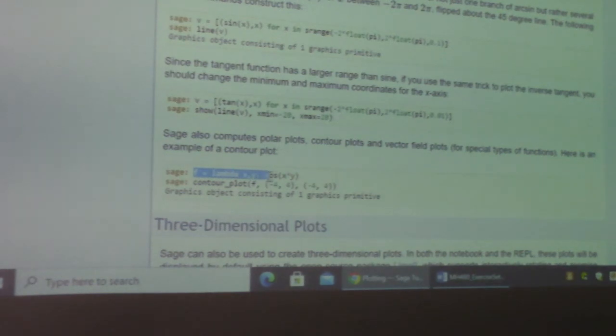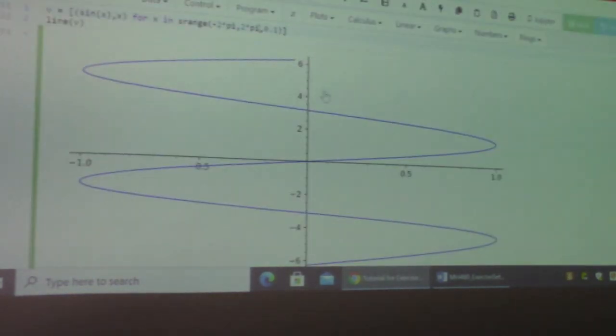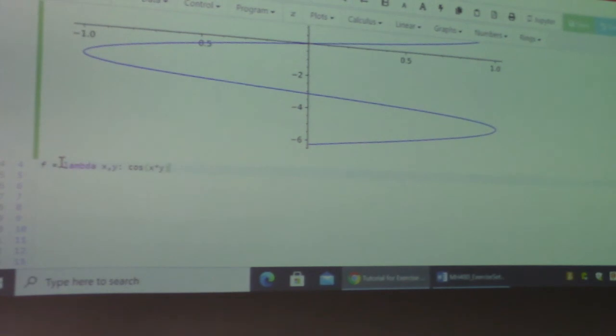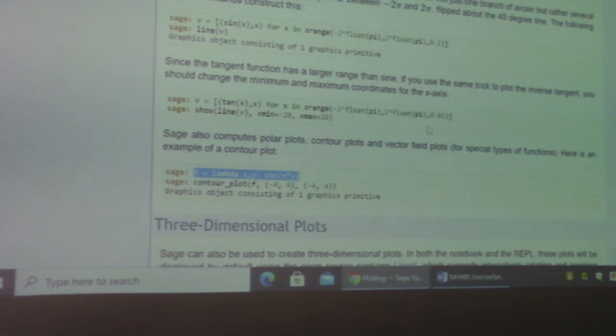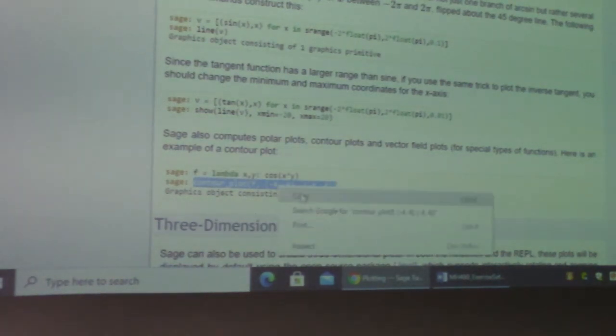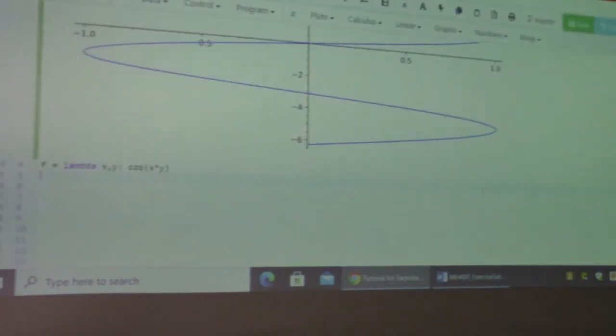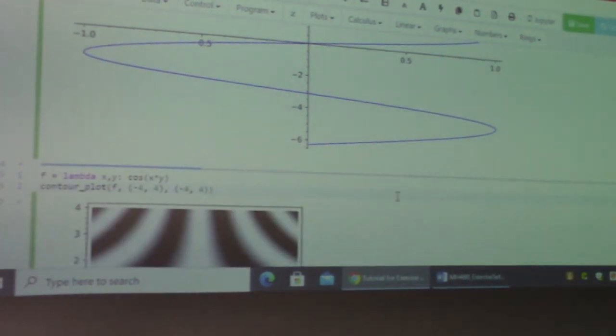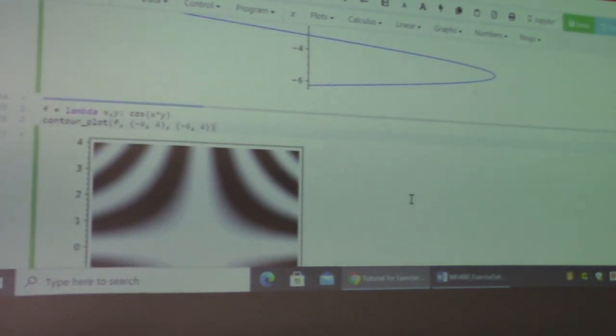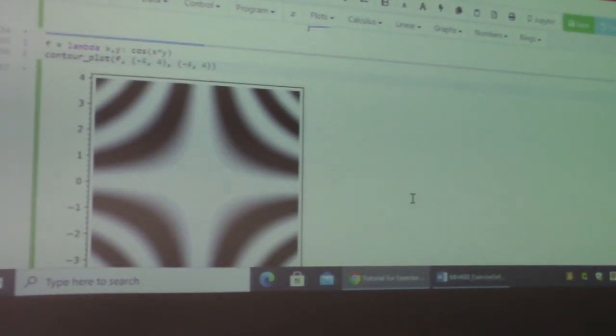He says f is equal to lambda. And then what? Let's see here. Whoa. That's interesting.